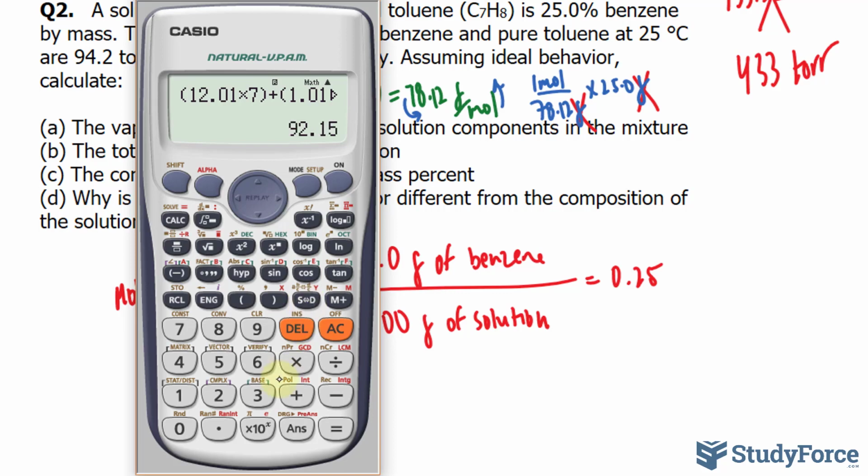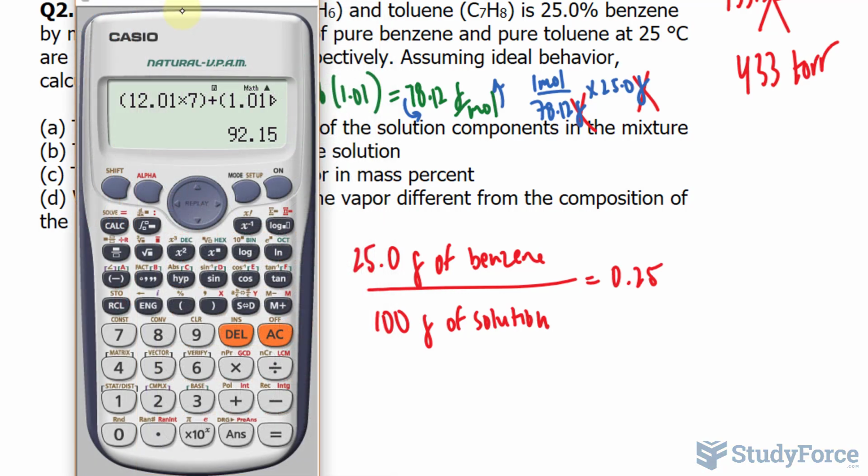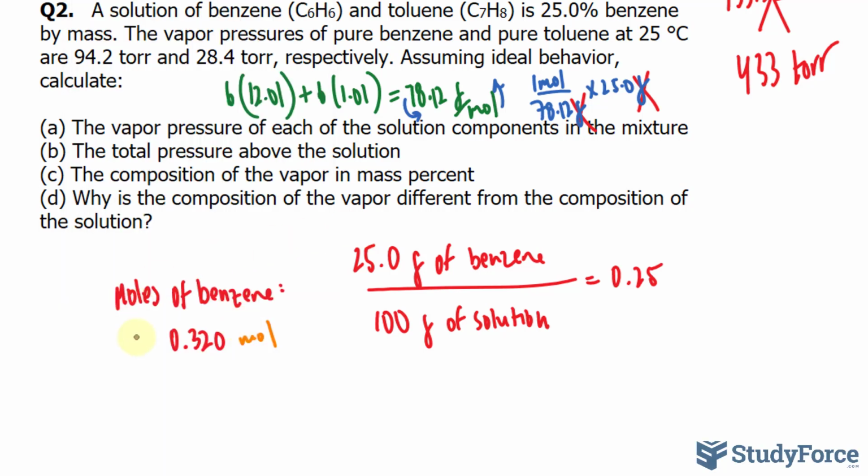This gives us a molar mass of 92.15, and I'll divide 75, because 100 minus 25 is 75, by this number. Sort of the same thing we did here. Remember over here we took 25 divided by 78.12. In our case for toluene it's 75 divided by the number on your screen, giving you a mole of 0.8138.